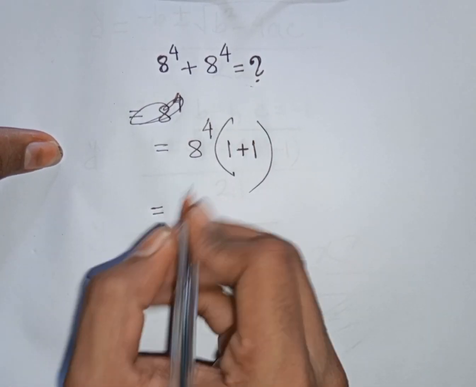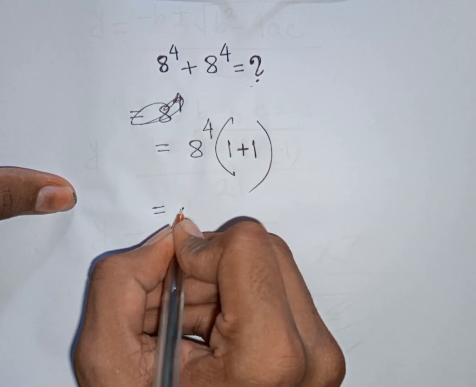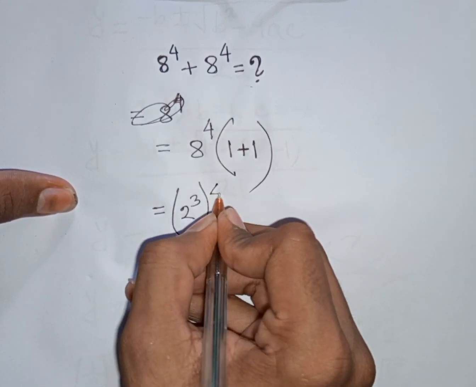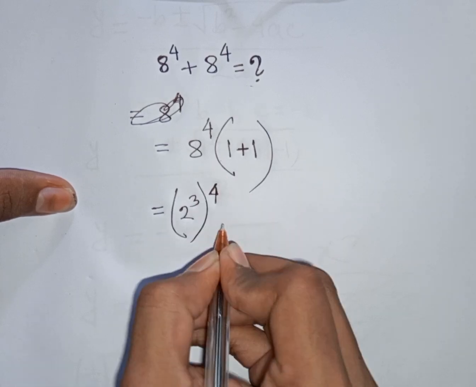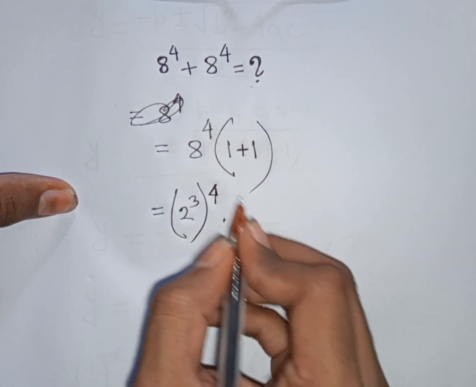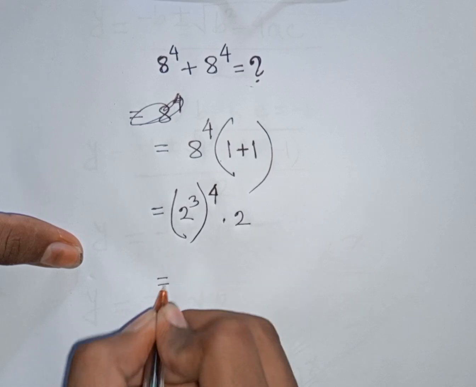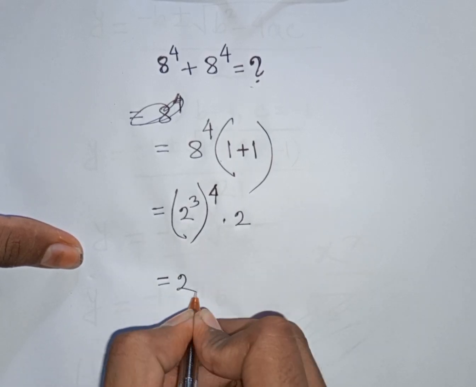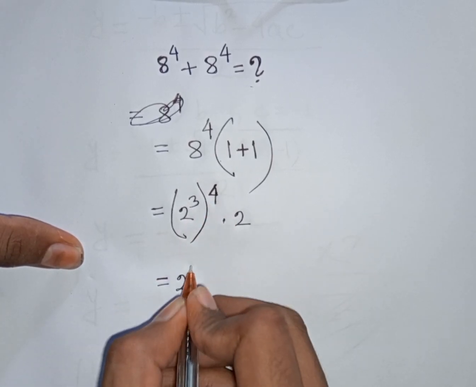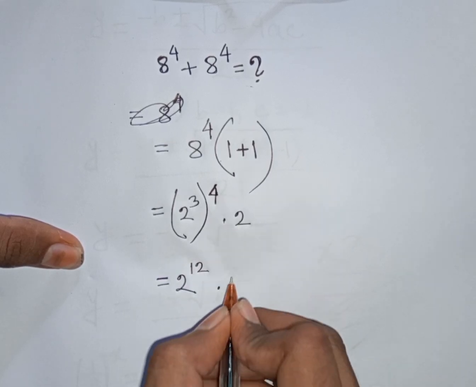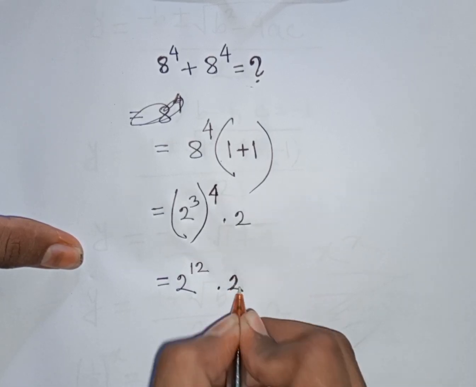This is equal to 8 power 4, which is the same as 2 power 3, bracket power of 4, times 1 plus 1, that means 2. That is equal to 2 power of 3 times 4, that means 12, times 2.